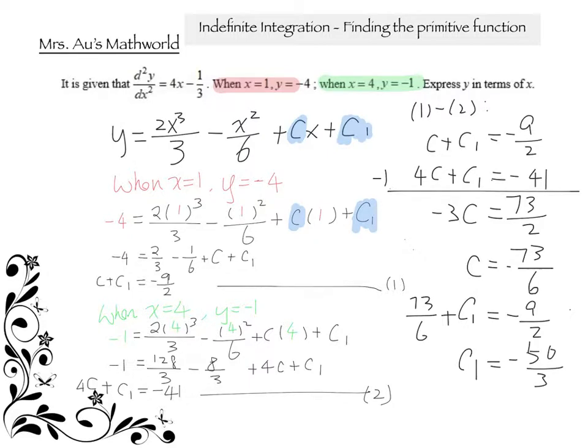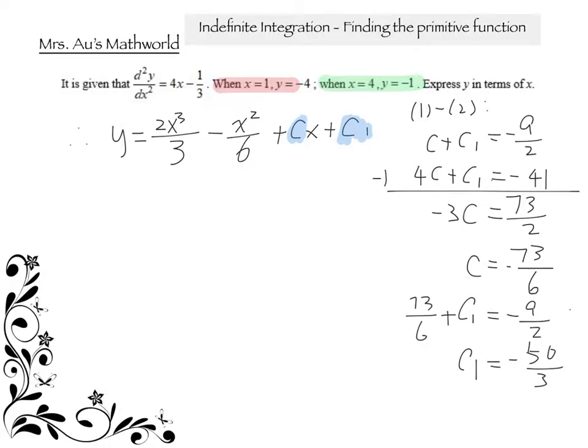And then we can do the final substitution. Therefore, copying the values, you get y equals 2x cubed divided by 3 minus 6x squared divided by 6, minus 73 divided by 6 x, and for c1 it will be -50 divided by 3 as the final answer.